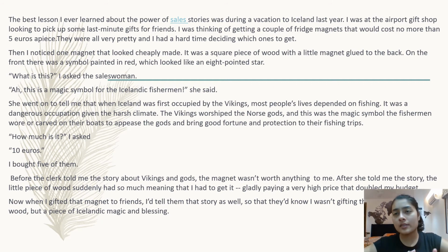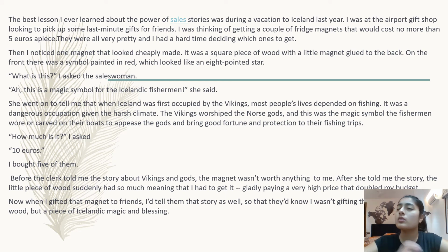She's about to leave when the saleswoman who works there comes to her and explains that the symbol is a Viking symbol, and how the symbol is a representation of safety for the fishermen, and was a good luck charm in their history.